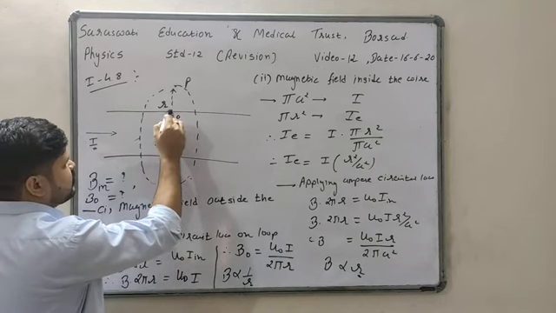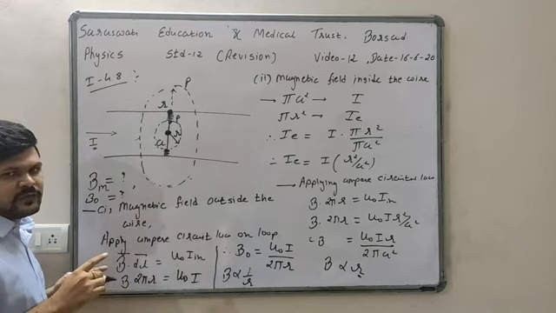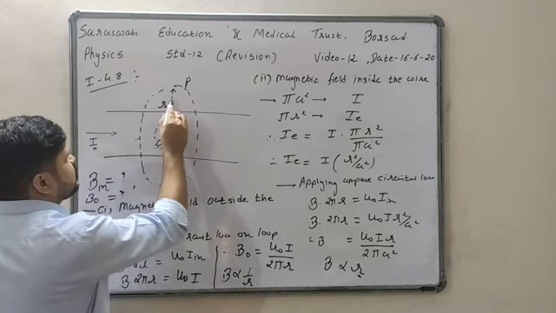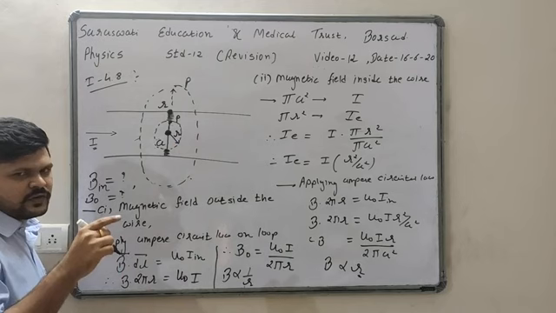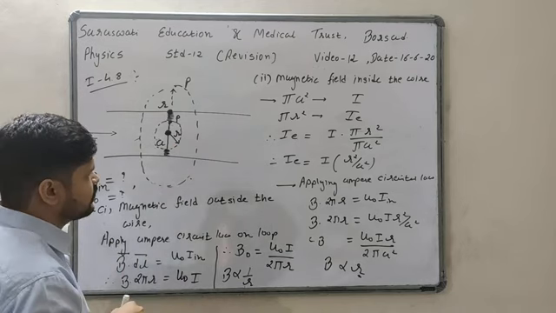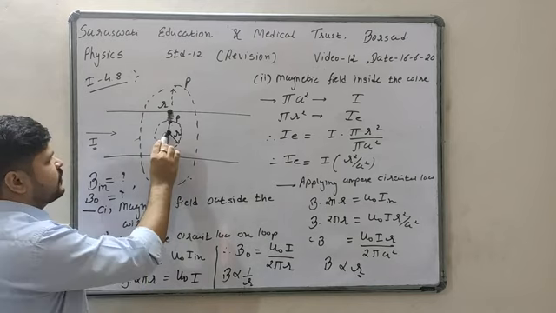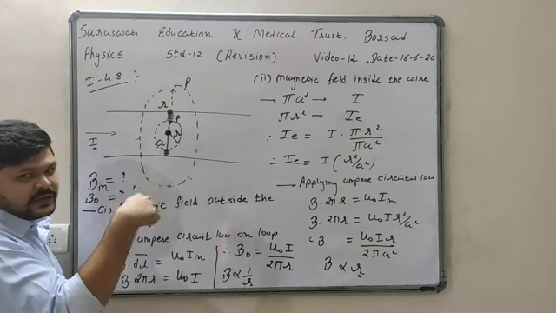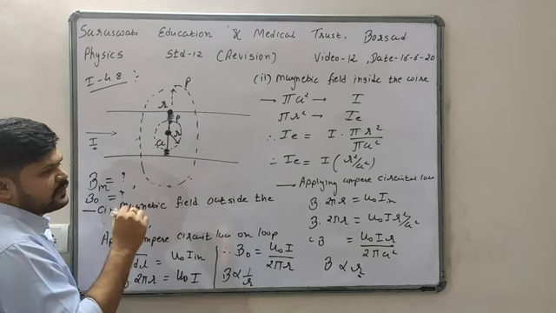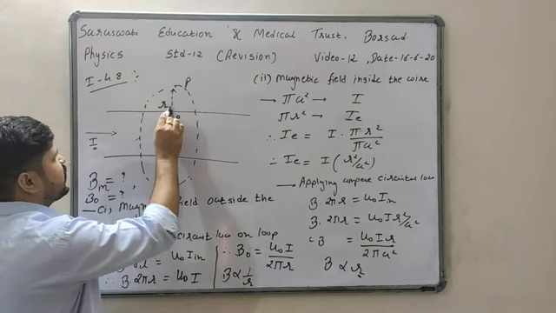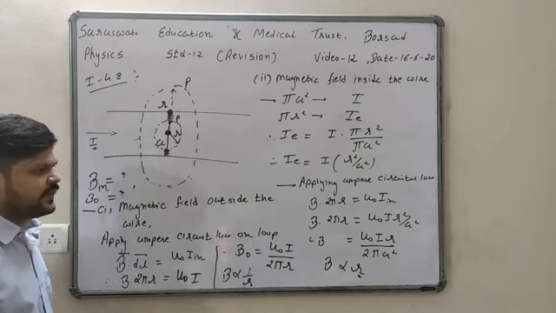On the surface, the magnetic field will be maximum, and beyond the surface the magnetic field decreases. Remember this.